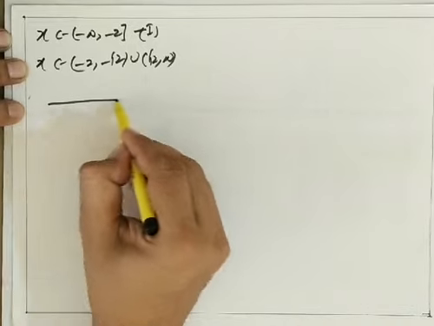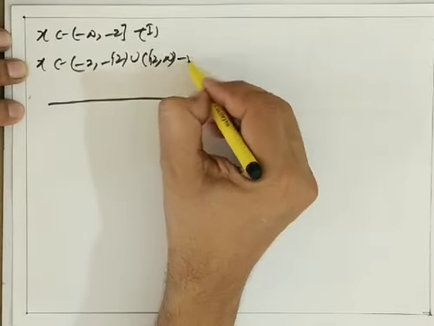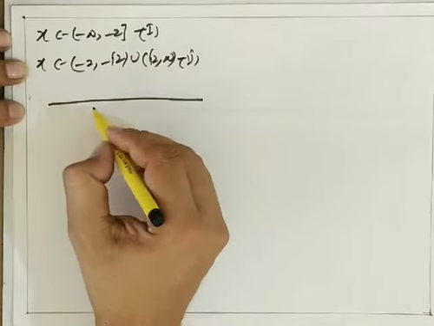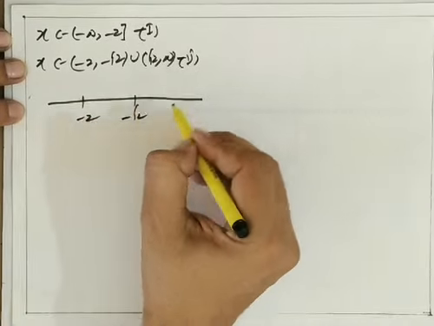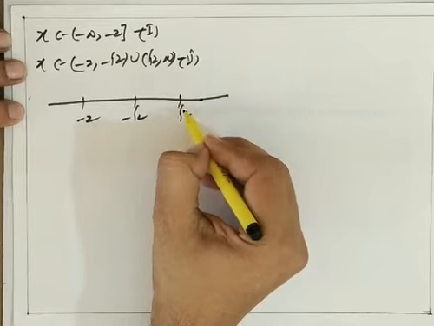Let me draw the number line. Then this is -2, -root 2 and root 2.